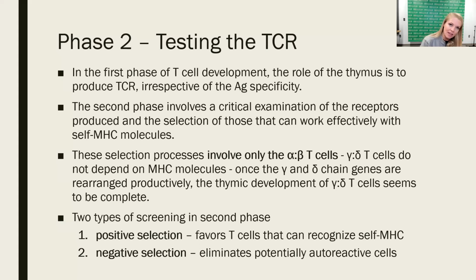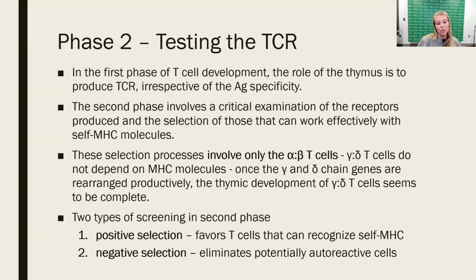Now, the second phase is going to be all about examining those T cell receptors and ensuring that, A, they are able to work with self cells by recognizing MHC, but not recognize self MHC so strongly, or antigen associated with MHC that could be self antigen.